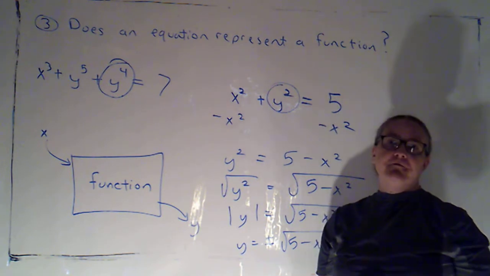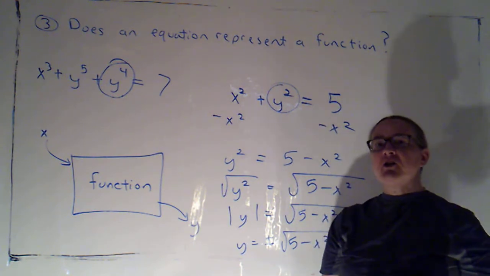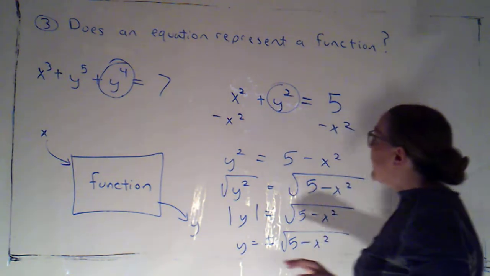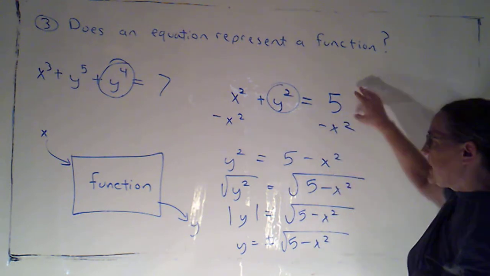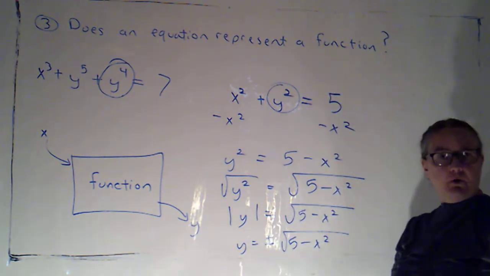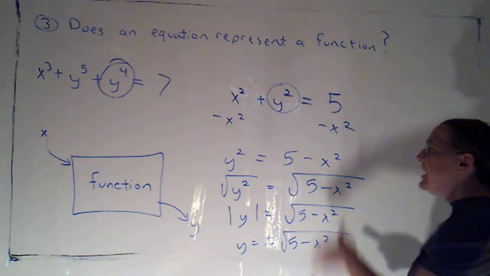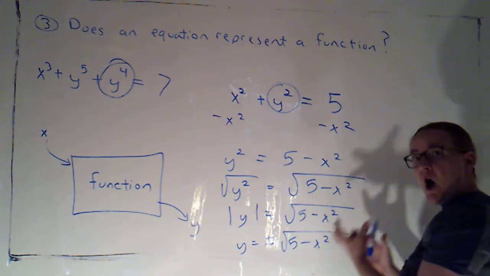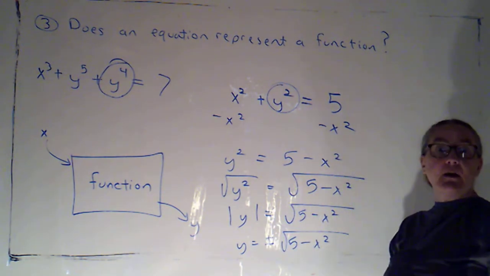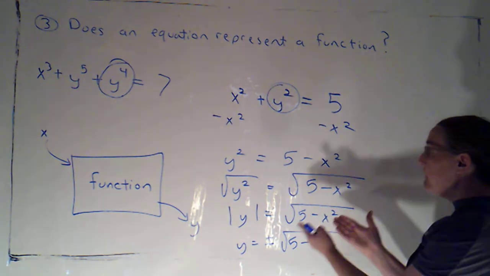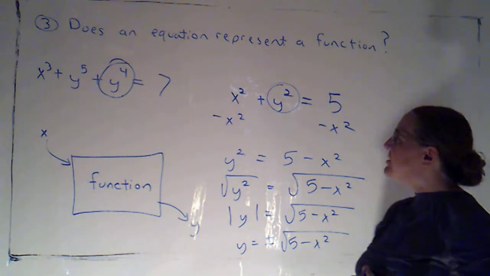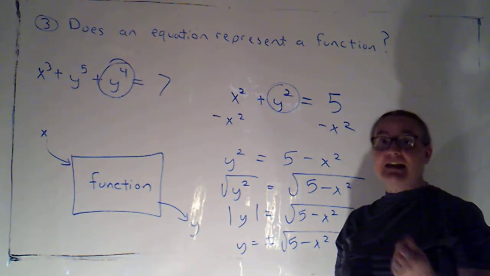I'm not going to have a function. So you're welcome to use that shortcut, though I encourage you in the simpler examples where you can actually go through and solve for y, to do that work so that you can see why even powers are going to lead you to multiple options for what y could be, and therefore not give you a function.